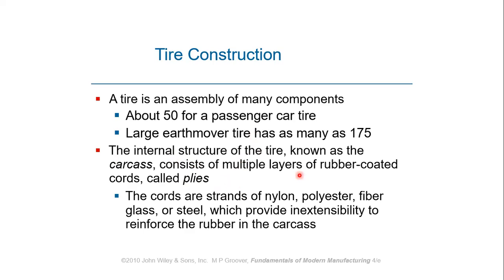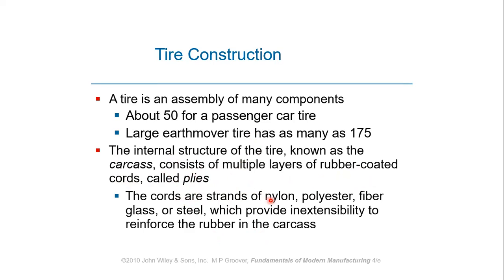The internal structure of a tire is known as the carcass. The carcass consists of multiple layers of rubber-coated cords. There will be multiple layers of rubber, and those are called plies. You put together all the plies, and then you apply the vulcanization or curing. Then you get the final tire. For manufacturing these plies, some cords are used.